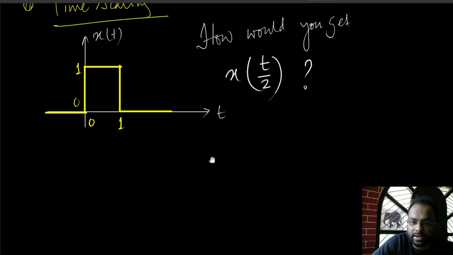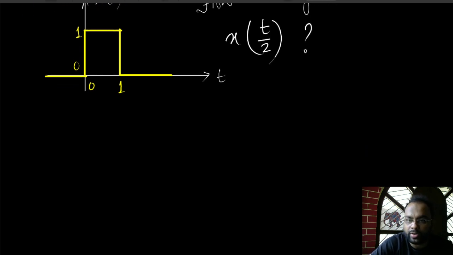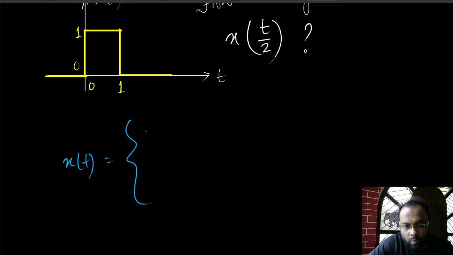Again, let's do it mathematically. Try to understand that this signal can be represented like this. This signal has a value of 0, and it has a value of 1 between these two time limits.